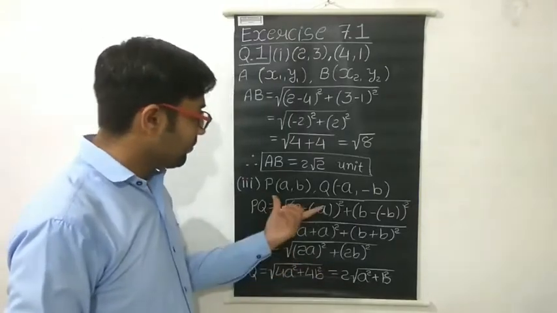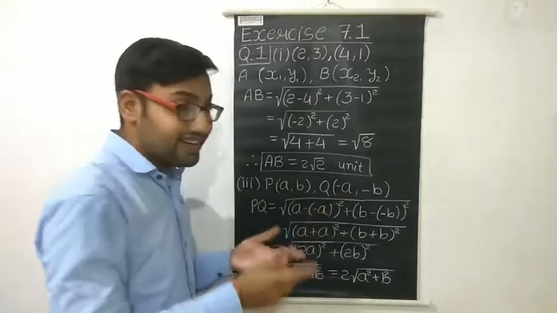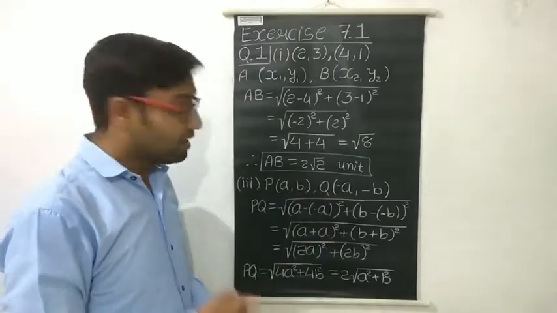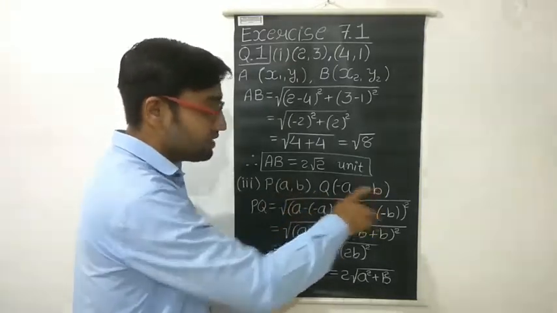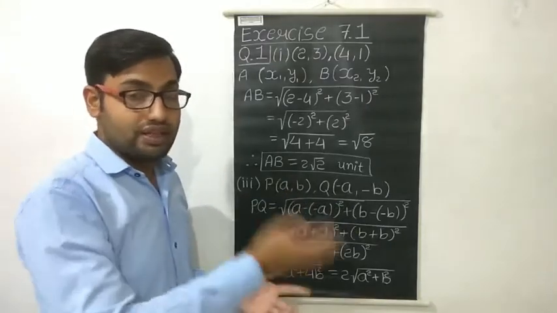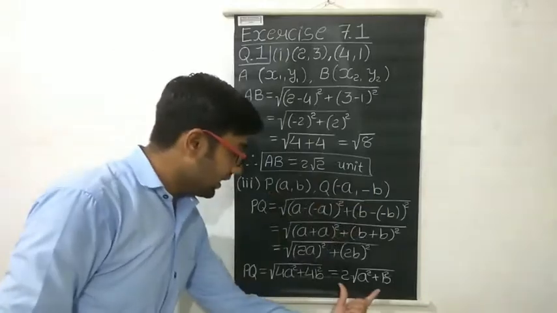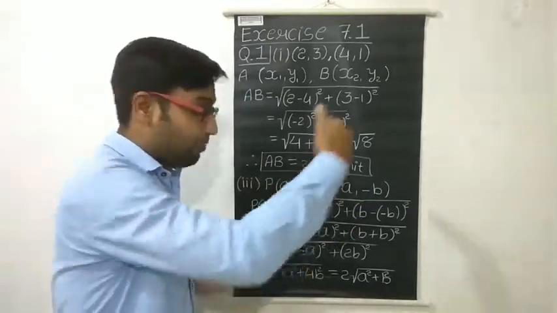Now this is also one type of special case. You can notice that here the coordinates are the same, but the sign is minus. So let us take it, if it is 1, 2 and it is minus 1, minus 2. Then what will happen? 1, 2, minus 1, minus 2. So directly we can write down the distance between 1, 2 and minus 1, minus 2.